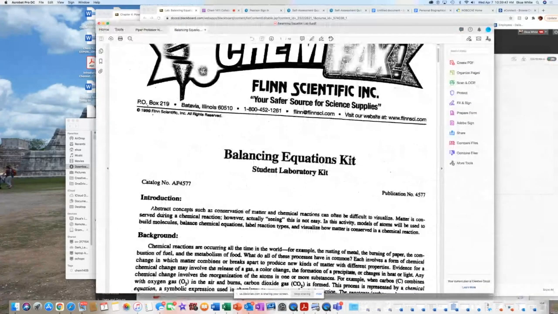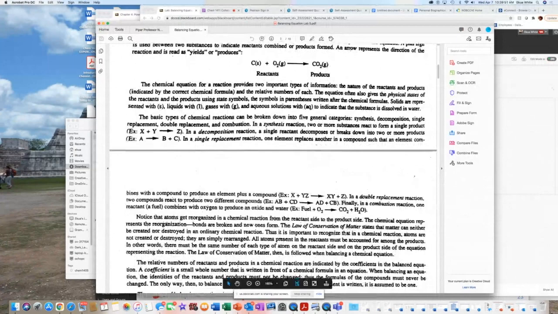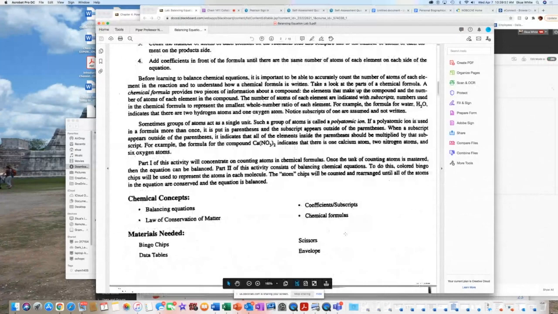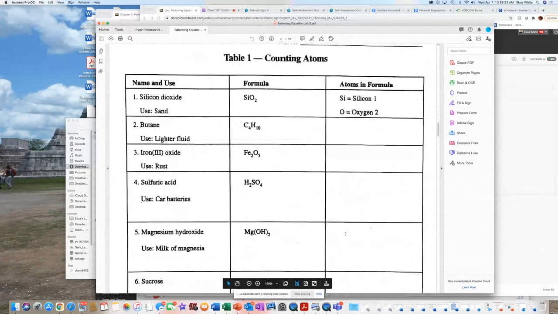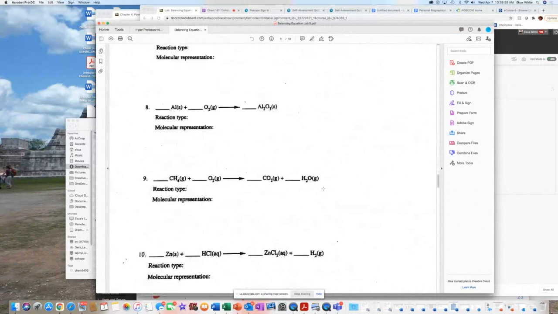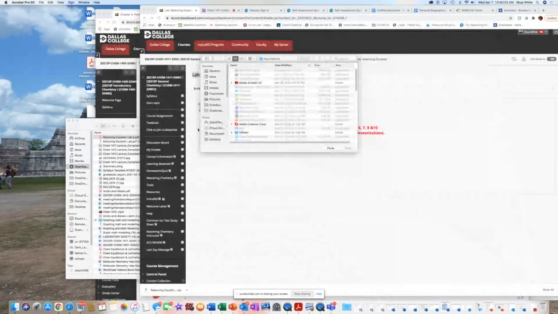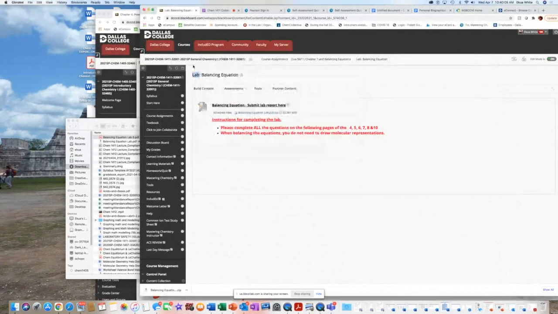Okay, there it is. So yeah, they give you background on balancing equations, reactants, products. Oh, you know what? I'm looking at the wrong thing. This lab here has the balancing. I'm right about that part. But the part that has the naming is the naming compounds lab. That's a different lab from the one I'm showing you.